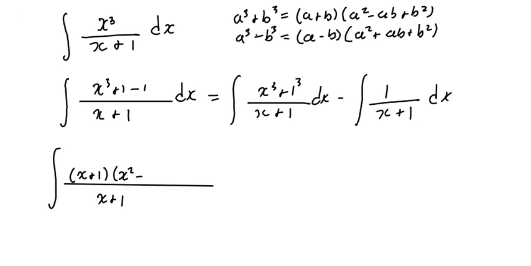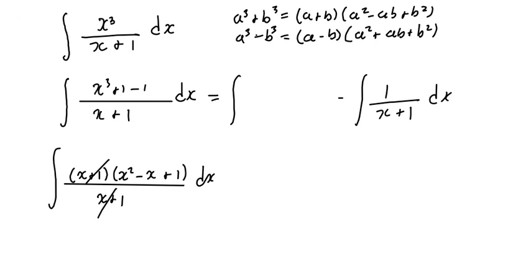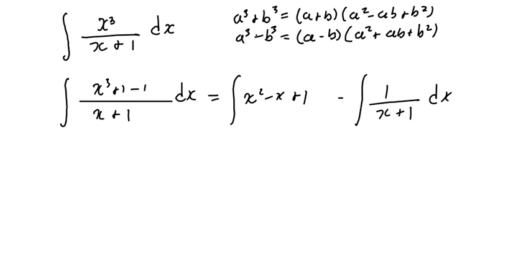So it's just basically x times this one, so that's just going to be x, plus b squared, which is just a 1, like that. Then we have our dx here. So what you observe here is that this cancels out. That's what I was trying to do initially, which was to cancel out the denominator, x plus 1. So here I can replace with what I've remained with, which is x squared minus x plus 1, and I can go ahead and work out my integral.